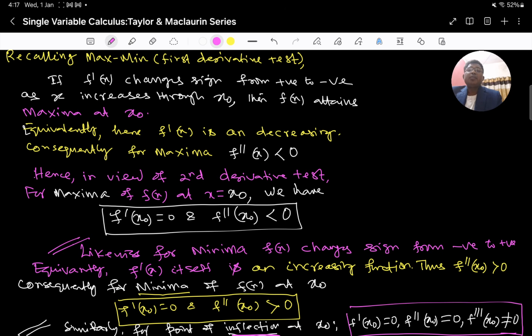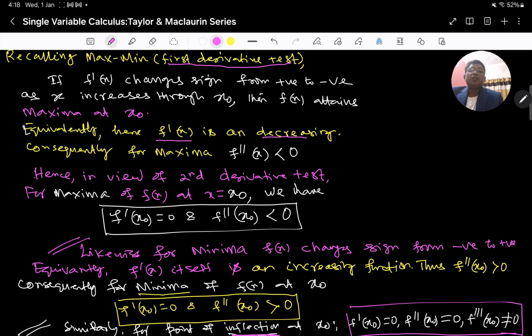So, recalling the maxima minima under the first derivative test, if f dash x changes sign from positive to negative as x increases through x0, then f(x) attains maxima at x0. Likewise, in view of the second derivative, f dash x itself is a decreasing function, for which f double dash x is negative.